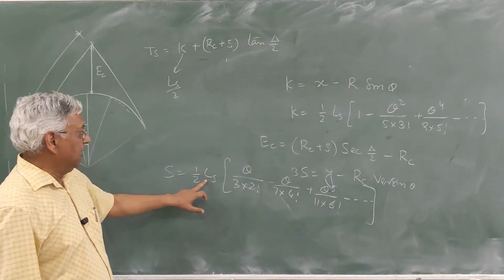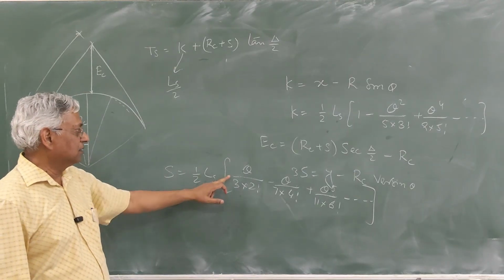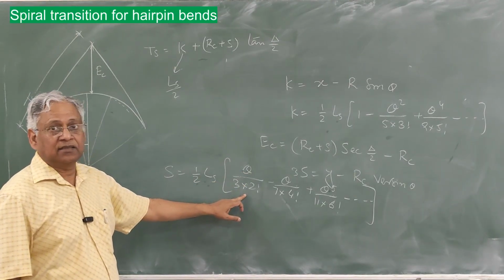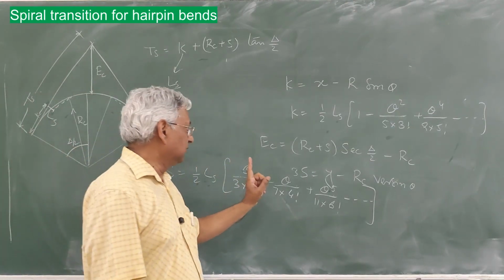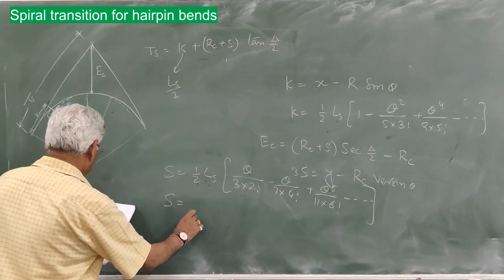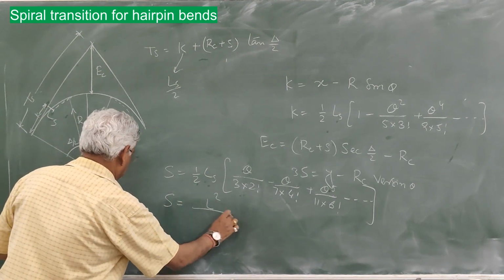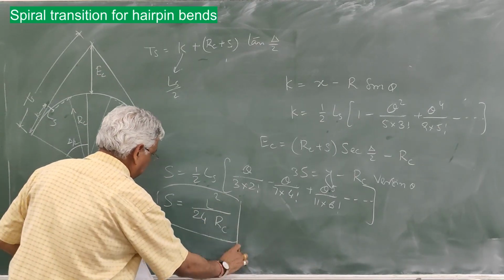The first term is half Ls into theta upon 6. Put the value of theta, which we have calculated. So you get approximately S is L square upon 24 Rc. This is what you get in textbooks.